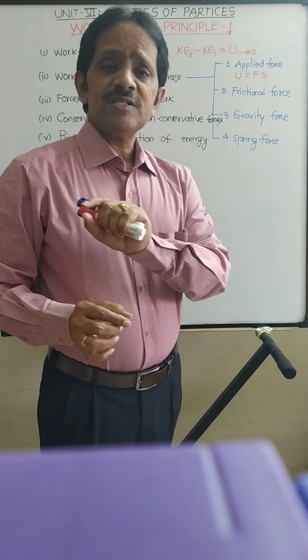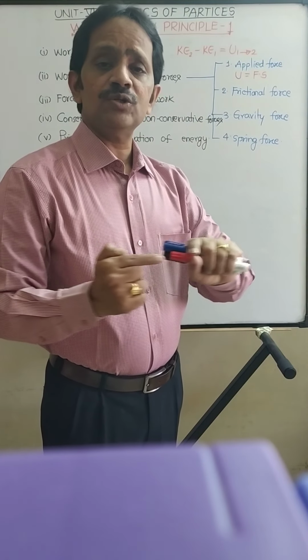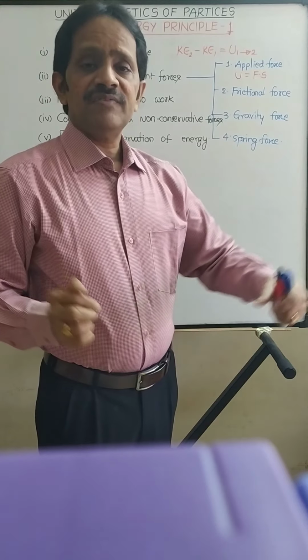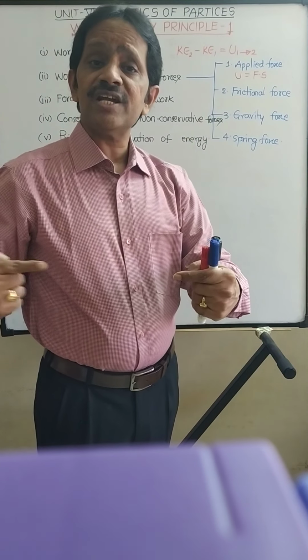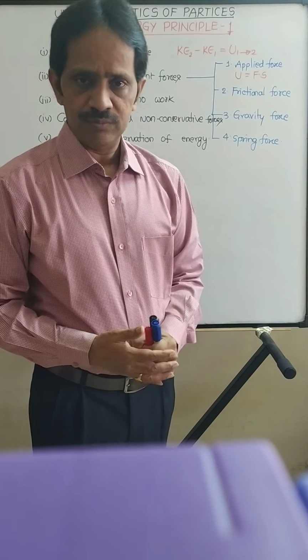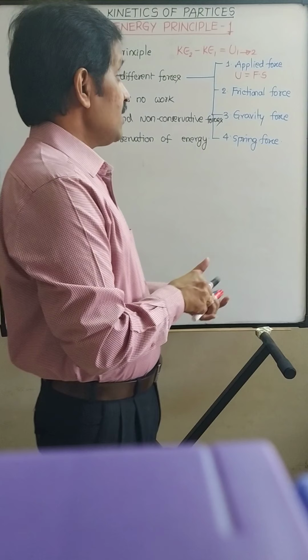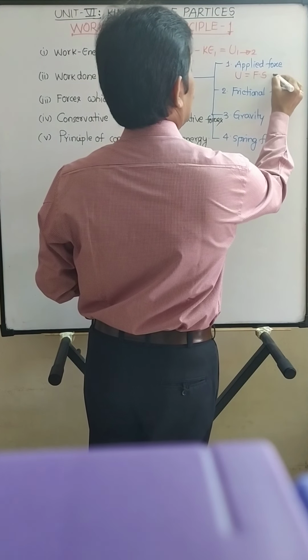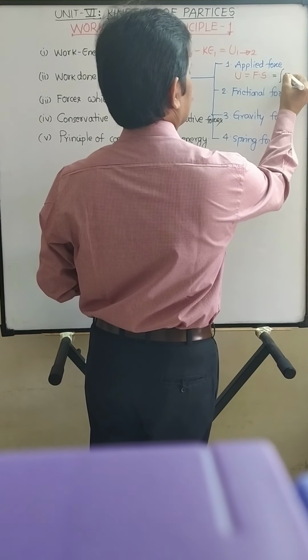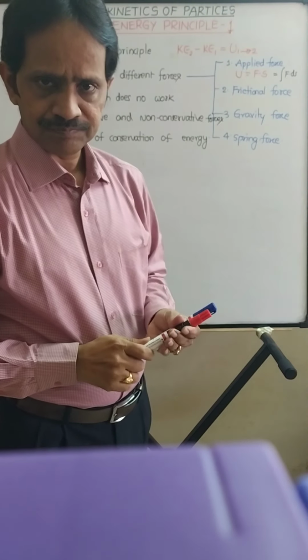If the displacement is in the direction of force applied, then the work done is said to be positive. If the displacement is in the opposite direction of the force applied, then the work is said to be negative. If the applied force is variable, then the work done by the applied force is the integration of F ds, right?